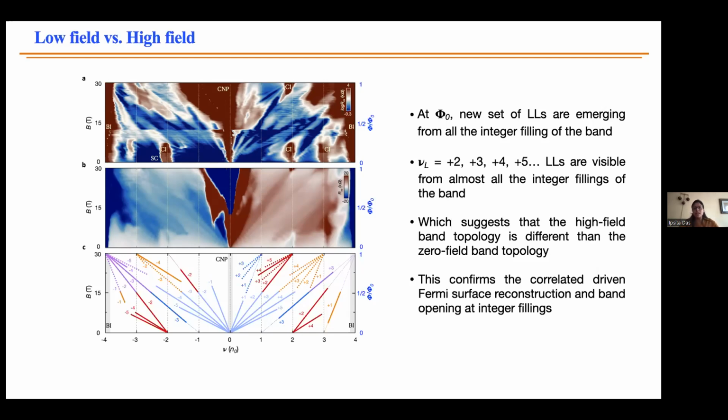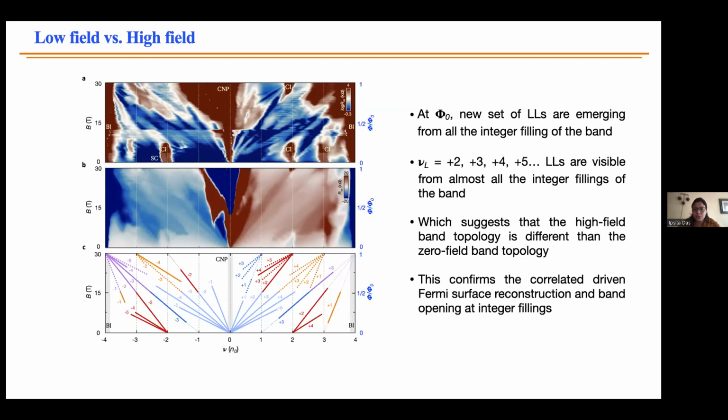Which means again at 30 Tesla, you have strong interaction and your flat band is breaking into different mini bands, which will give you different Landau levels from different filling factors.